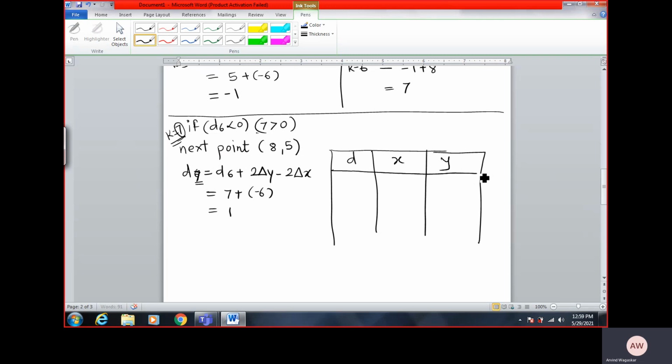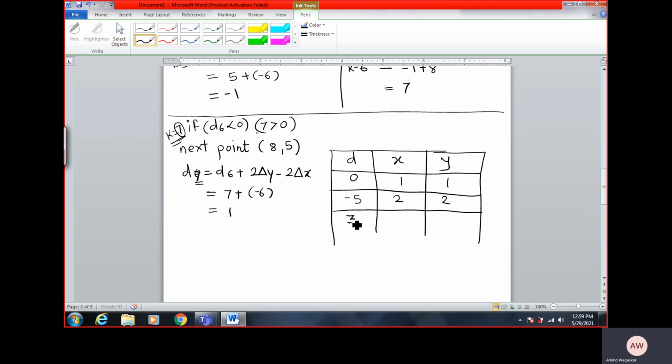As we have started from k equal to 0, the initial value was 1, 1. After that, we got the value of d as minus 5, and when it is negative, we got the next point 2 and 2.